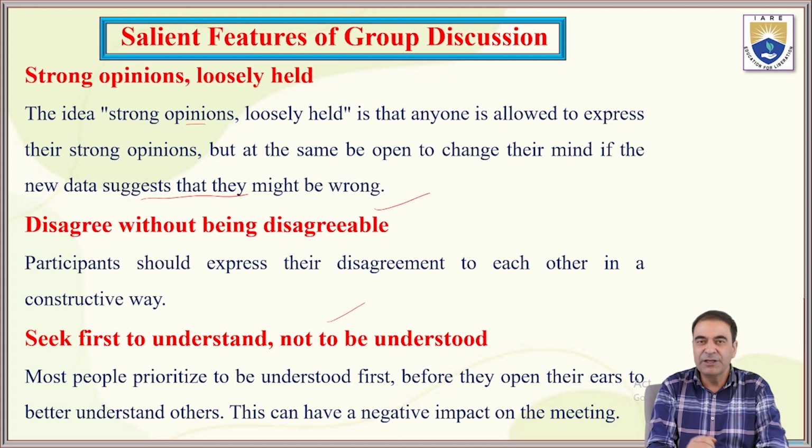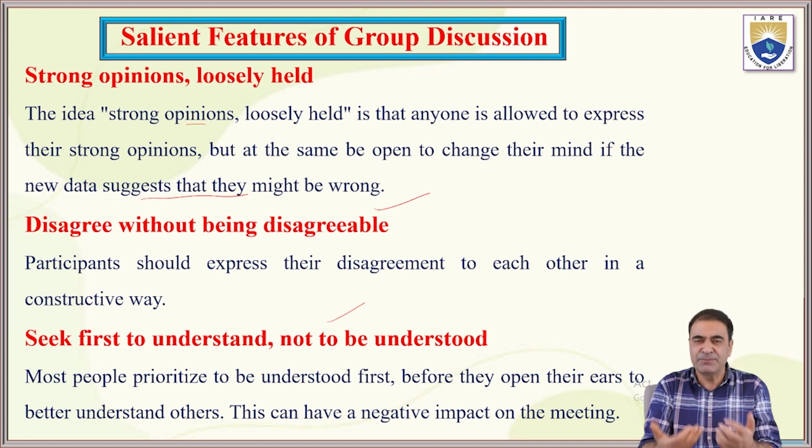That means here in group discussion we can't impose our opinion or information on any person. We should be receptive. We should receive more and more ideas coming from other participants. Then and there we can understand our participants, and ultimately we can understand the topic.